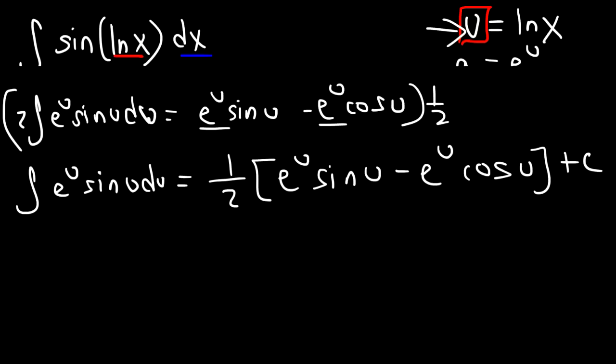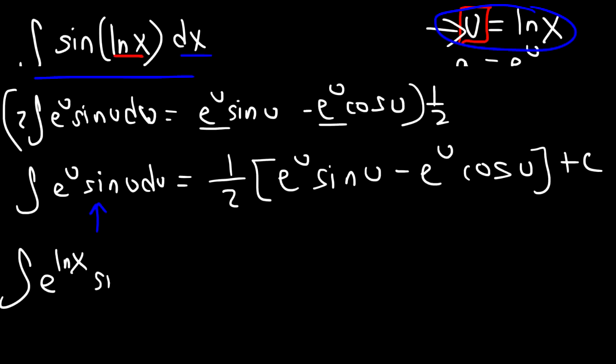So now what I'm going to do is apply this. I'm going to replace u with ln x. So this term turns back into this. Instead of e to the u, it's going to be e to the ln x, and instead of sine u, it's going to be sine ln x.